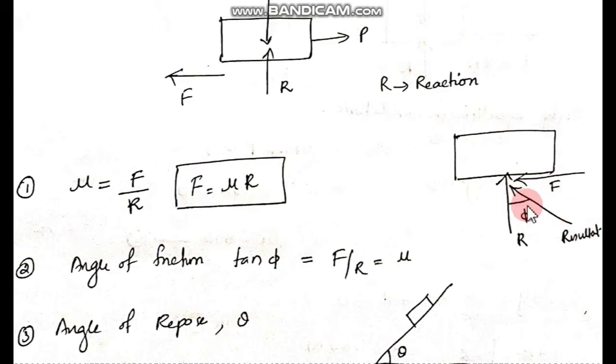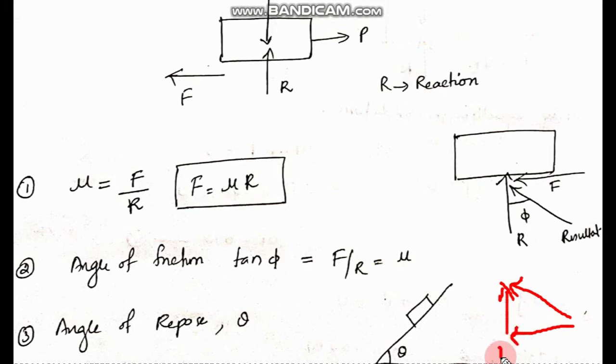Suppose the angle we are taking between the resultant and the reaction is phi, which is the angle of friction. If you consider this as a particular triangle, I can draw it and show you. One side is R, then this is the resultant, and then this is the friction.